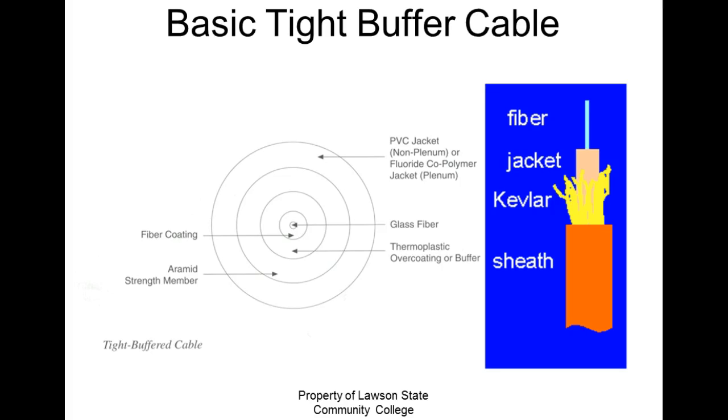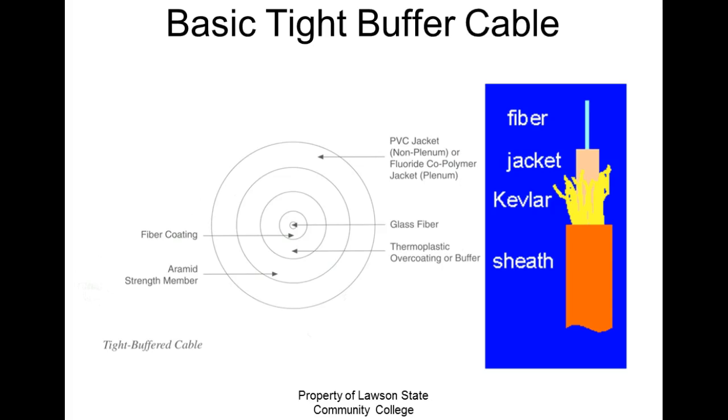Multi-mode, it's going to have an orange outside jacket, which they call the sheath. It's going to have what? It's going to have a Kevlar. It's got a buffer tube, buffer coating, or inside buffer, and then we have the fiber itself. So we have the glass fiber, and then we have the fiber coating, also called the buffer coating. Then we have a buffer tube or inside jacket.